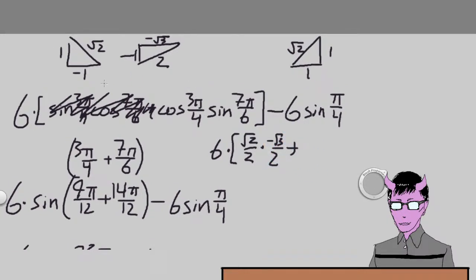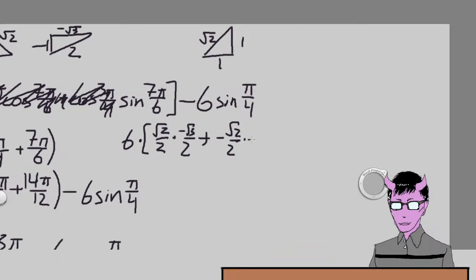And cosine of that one, negative root 2 over 2. Sine of that one, negative 1/2. Close the brackets. Minus 6 times what? Sine of this one, root 2 over 2. Alright.